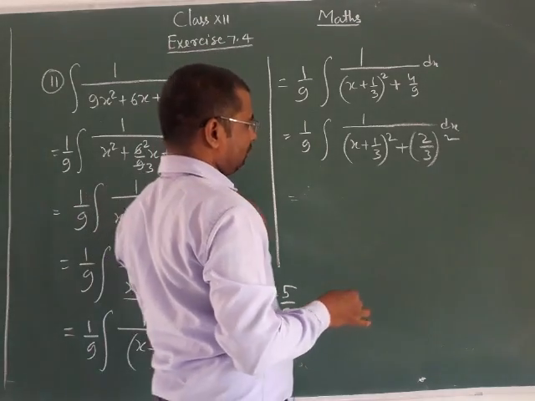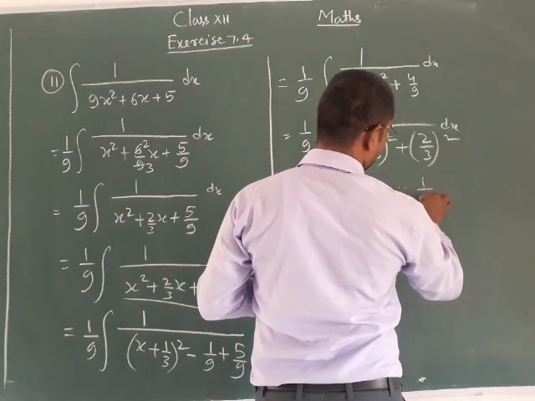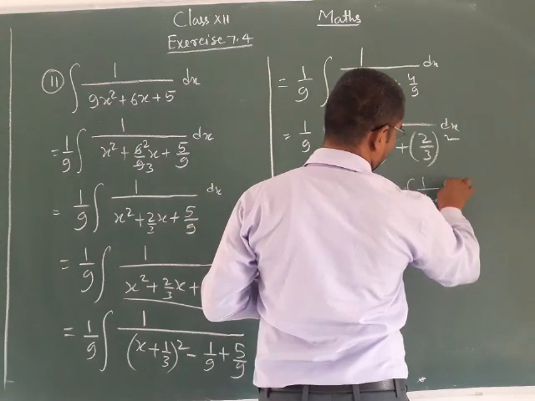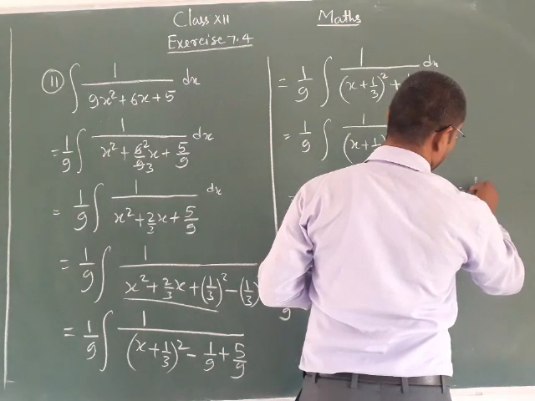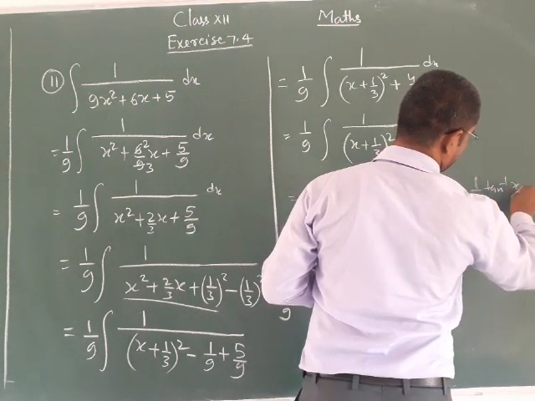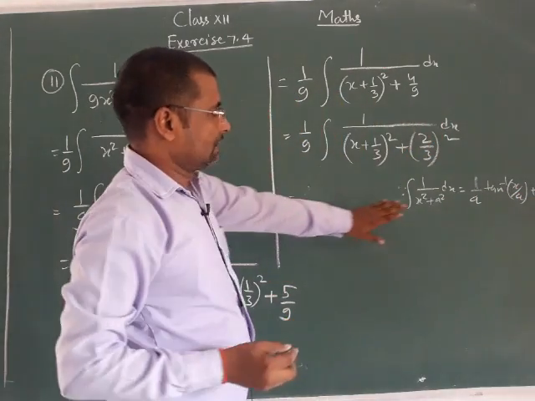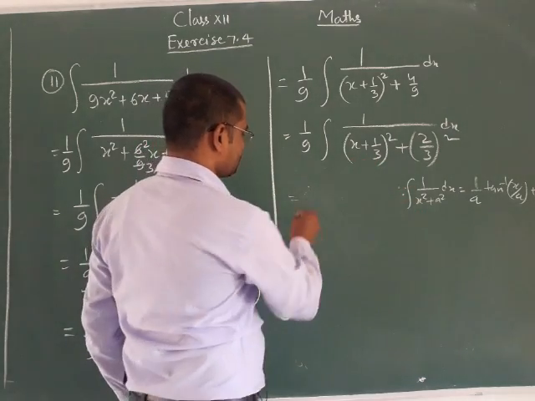By the formula, since the integral of 1 upon x square plus a square dx is equal to 1 upon a tan inverse x upon a plus c, according to this formula we can solve.